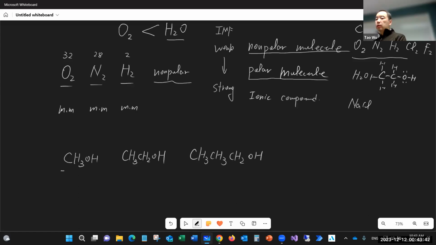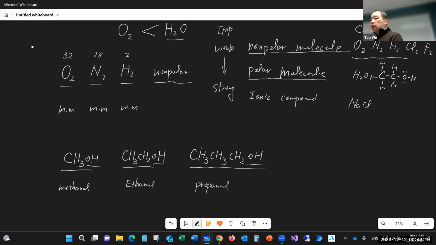Okay, if you're looking at the structures, they are similar. This first one is methanol, this is ethanol, which is an alcohol, and this is propanol. The only difference is that those structures are pretty similar. They all have OH at the end.